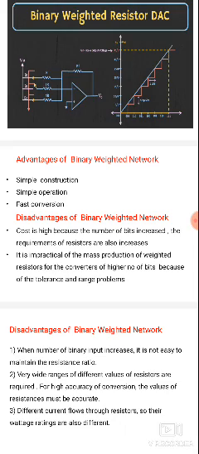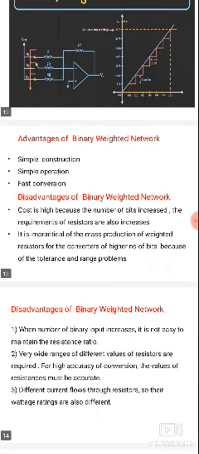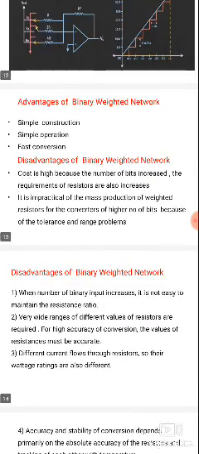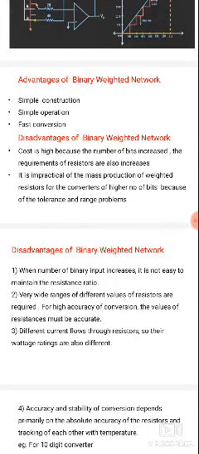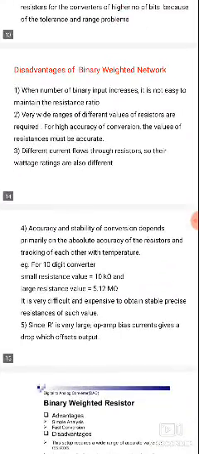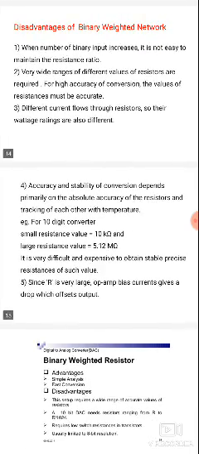If the weights of resistors increase, it is more difficult to maintain them, and the accuracy of resistance is also important. With a higher number of bits, tolerance and range problems occur. A wide range of resistance is difficult to maintain, and accuracy is also very difficult. Whenever the number of bits is increased, it is not easy to maintain the resistance ratio.